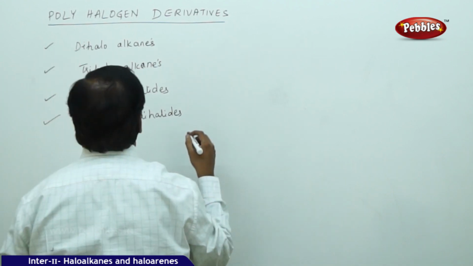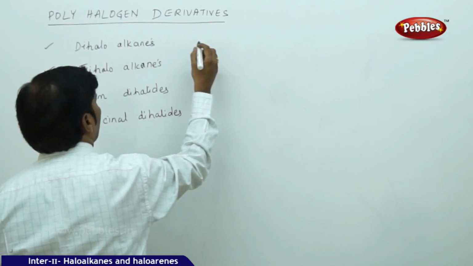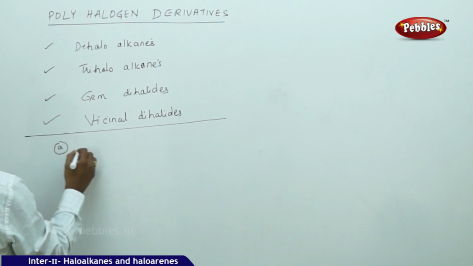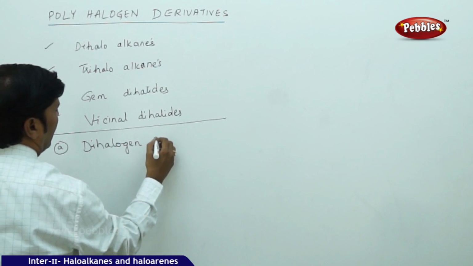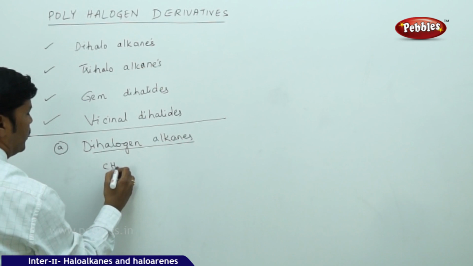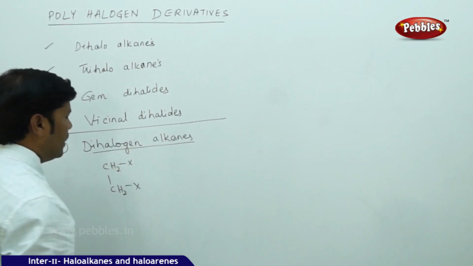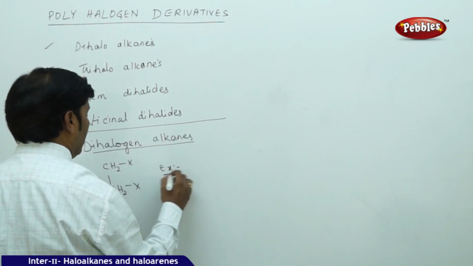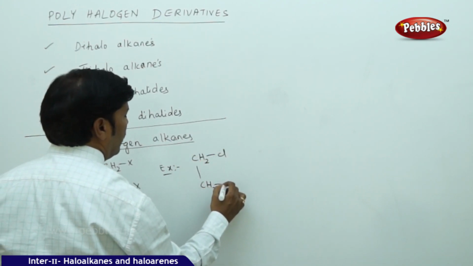Suppose we go for dihalogen alkanes. Here I can take CH2X, single bond, CH2X. These are dihalogen derivatives. In place of X, let me take one example, that is CH2 single bond chloro group, CH2 single bond chloro group.